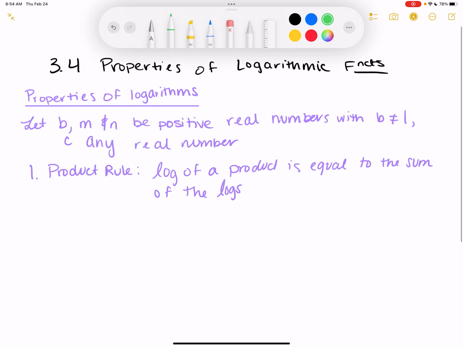So it looks like log base b of m times n is equal to the log base b of m plus the log base b of n.